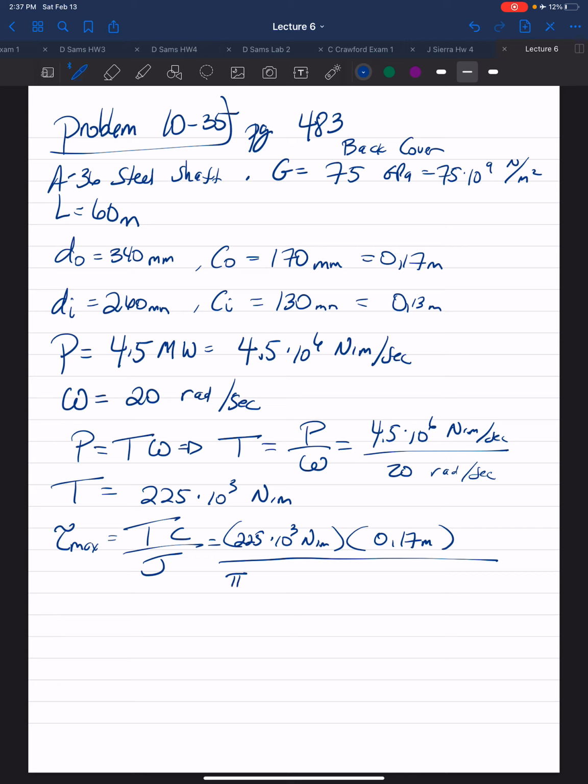So this would be pi over 2 times your outer radius to the 4, which we already determined was 0.17 meters, minus your inner radius to the 4, which is 0.13 meters. Plug this into your calculator and solve. Your maximum shear stress is 44.3 megapascals.